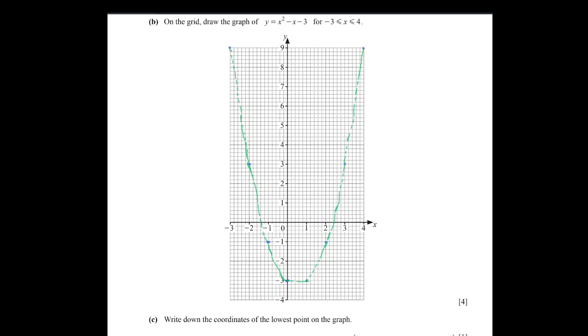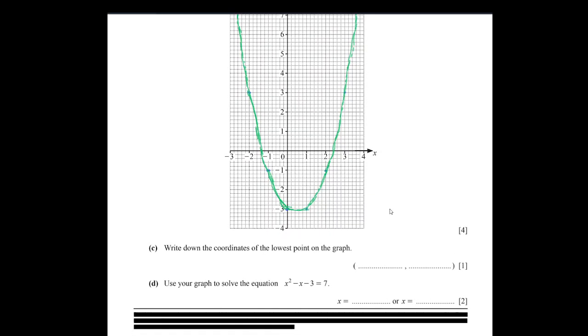Okay, this is the graph. This way you can draw it.